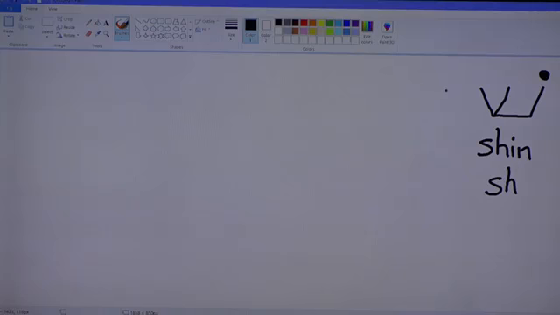If you do the same thing, you go over here, you go up like that, you go over here like this, and you put the dot on that other side, it's a sin, S-I-N, but it's really pronounced seen. And it is just a straight S. That's it.